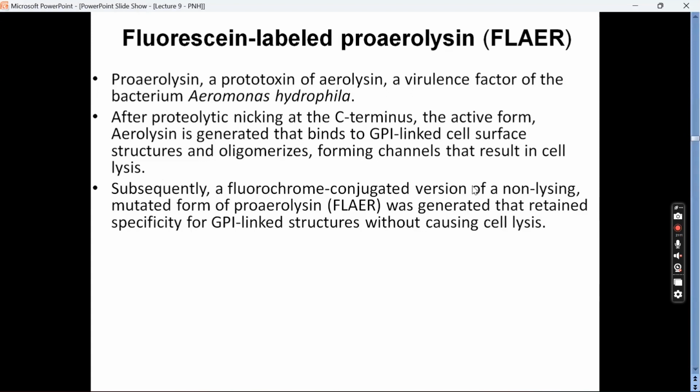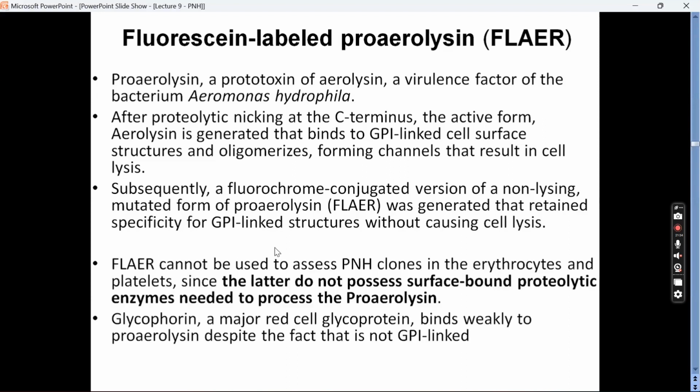If it is normal, you get signal with FLAIR. Okay. So fluorochrome conjugated version of non-lysing mutated form of pro-aerolysin is called FLAIR. Okay, that has specificity for GPI-linked structures without causing cell lysis. The wild form or the non-mutated form will kill the cell, but we modified it in such a way that we can use it for diagnosis.